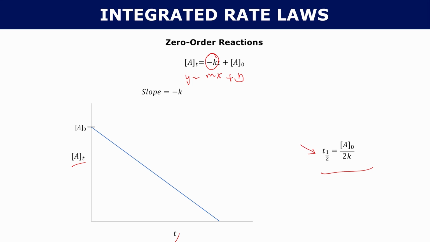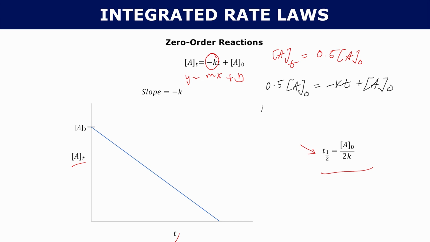So you're going to want your concentration at some time t to be half of your initial concentration. So if we plug that into our equation here, 0.5 times your initial concentration is equal to minus kt plus your initial concentration.